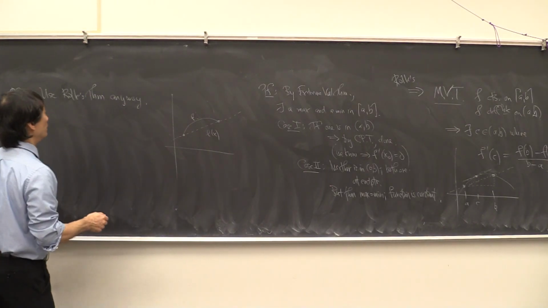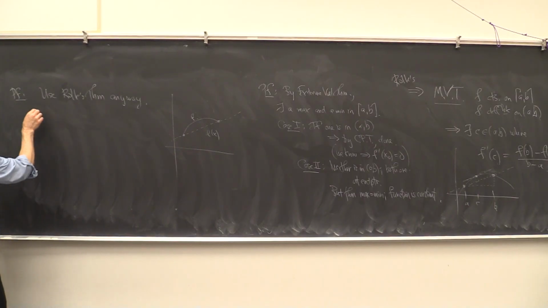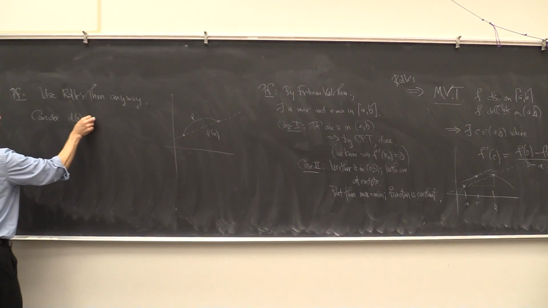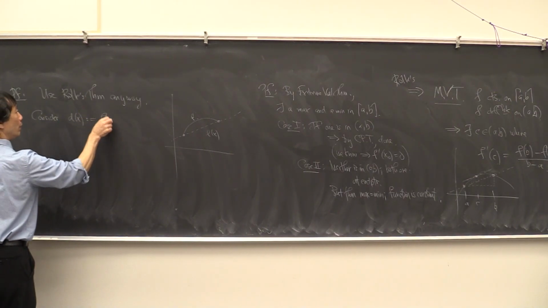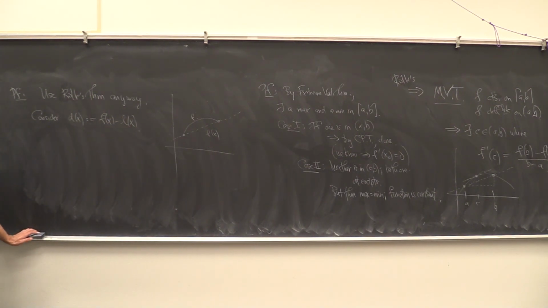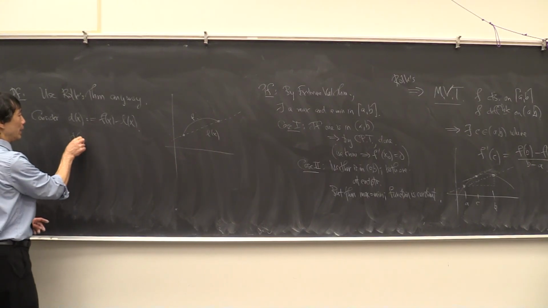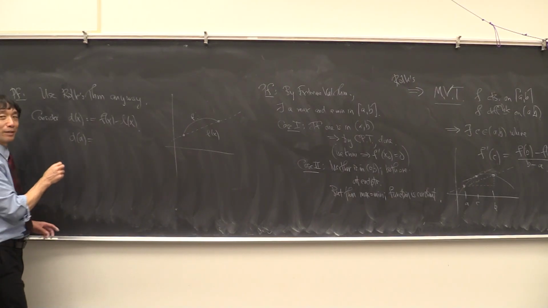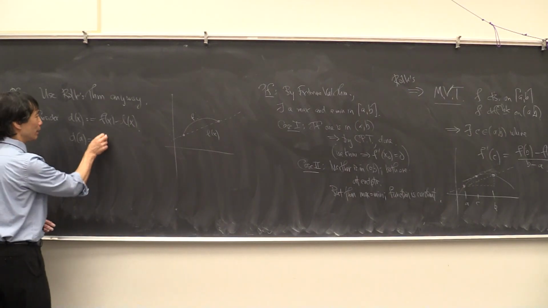Okay, and then consider the function d defined as f minus L. So what is d of a? 0. What is d of b? 0.